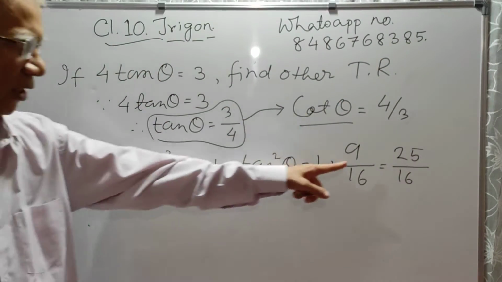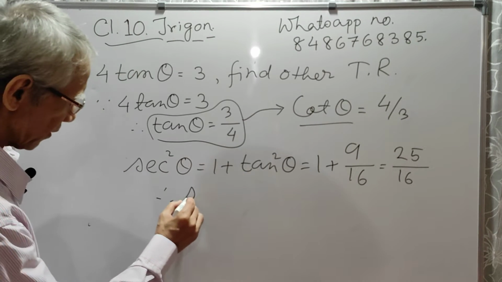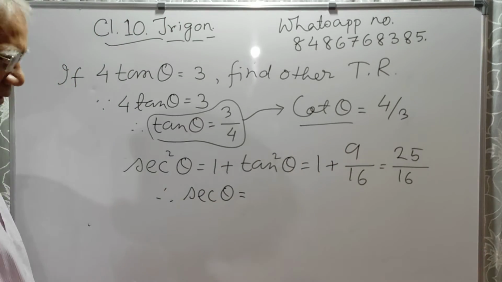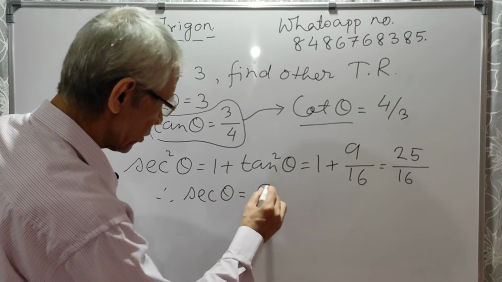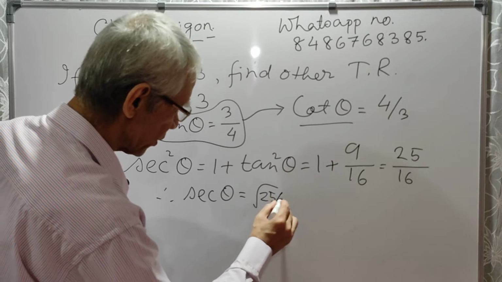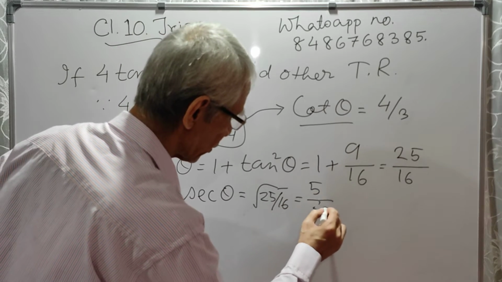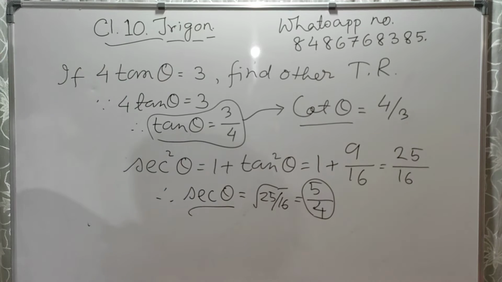So sec square theta is 25 by 16. Therefore, sec theta will be the square root of that, square root of 25 by 16. So that means 5 by 4. So this 5 by 4 is the value of sec theta.